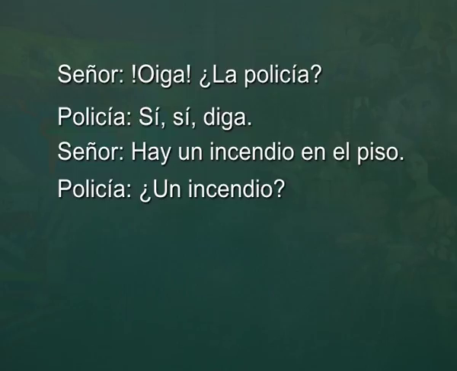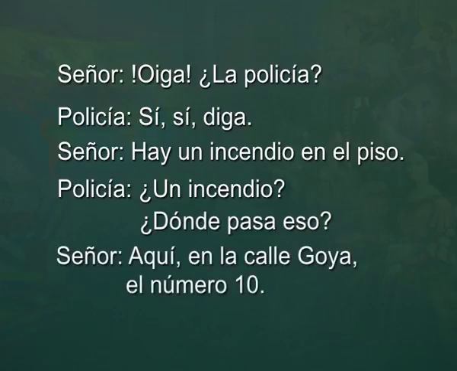There is a fire breakout in the house and the police asks, ¿Dónde pasa eso? Where is it happening? And the gentleman gives the address. Aquí en la calle Goya, número 10. Calle, street. Calle Goya, número 10.